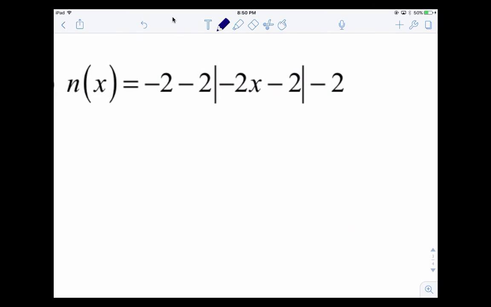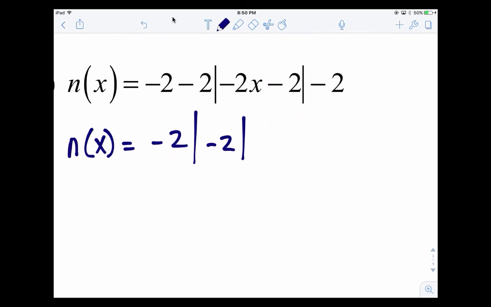Okay, now the last one, again, I can put some things together here when I'm writing it in standard form. So I have -2 parentheses -2x plus 1. That should be parentheses, sorry about that. Now if I put my two -2's together, that's going to give me a -4.